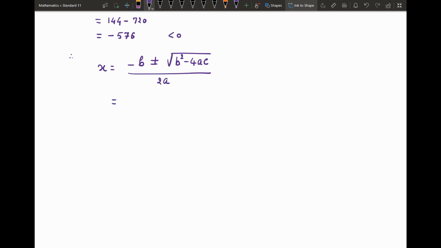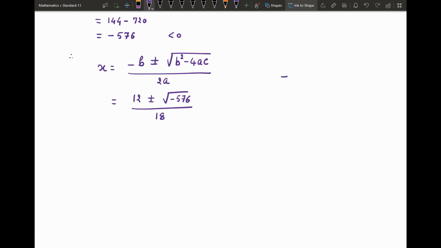So minus b equal to 12, so 12 plus minus under root minus 576 upon 2a, so 18.